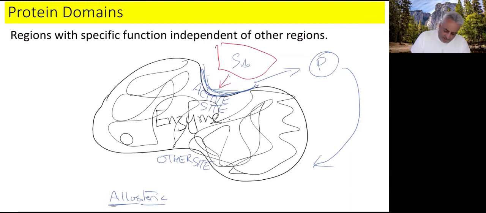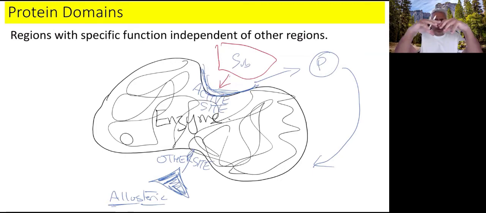So if something else came and bound here, like this triangle, that could be a hormone, and it bound in here, then that could change the shape of the entire three-dimensional topography of the enzyme, causing the enzyme to then change its active site. So this knock-on effect will change the site there.